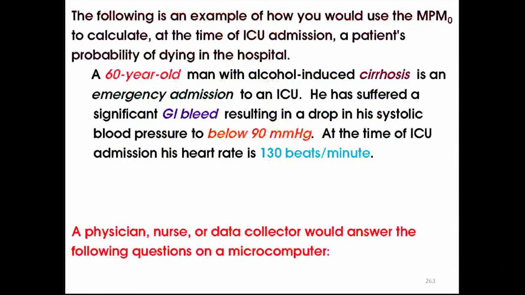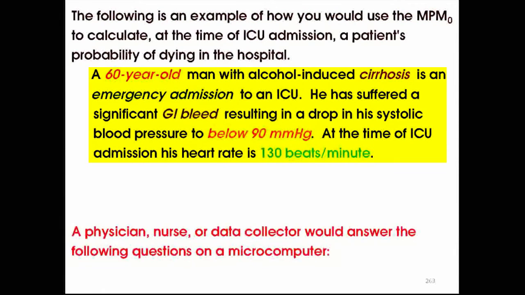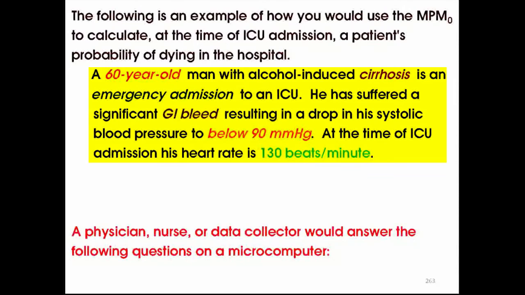This is a 60-year-old man with alcohol-induced cirrhosis. And notice I'm color-coding keywords because the keywords are part of the model. It is an emergency admission to an ICU. He suffered a significant GI bleed that resulted in a drop in his systolic blood pressure to below 90 millimeters of mercury. At the time of ICU admission, his heart rate was 130 beats per minute.